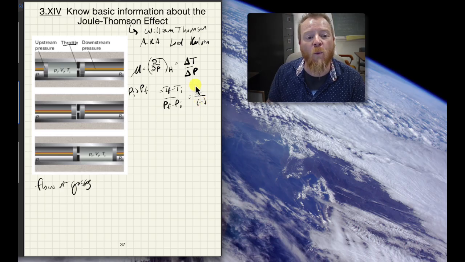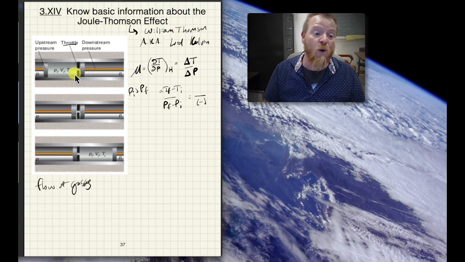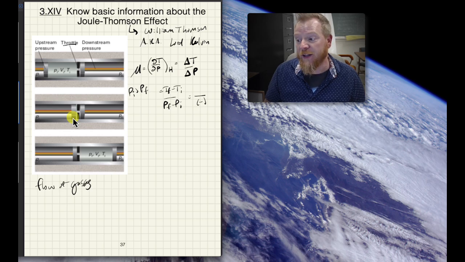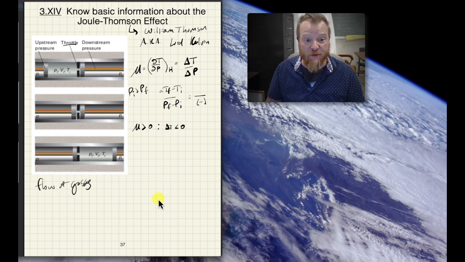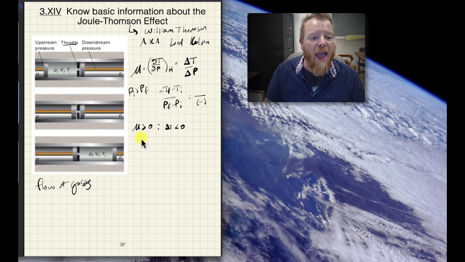So now what we look at in this experiment is, was there cooling or heating as a result of that expansion? And what can we conclude about their intermolecular forces? So if the Joule-Thomson coefficient is a positive quantity, then that means delta T was negative, right? So a negative over a negative makes a positive. And we would say that there are attractive intermolecular forces.